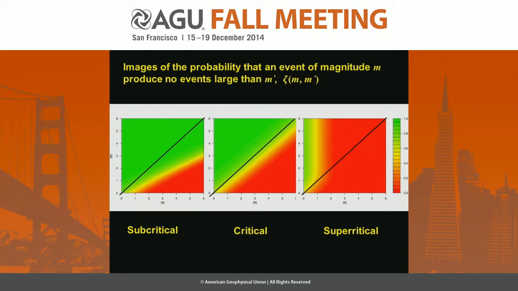Here is the given f of m. Here we can calculate the function zeta. The diagonal line shows the probability that the events of corresponding magnitude are not foreshocks.